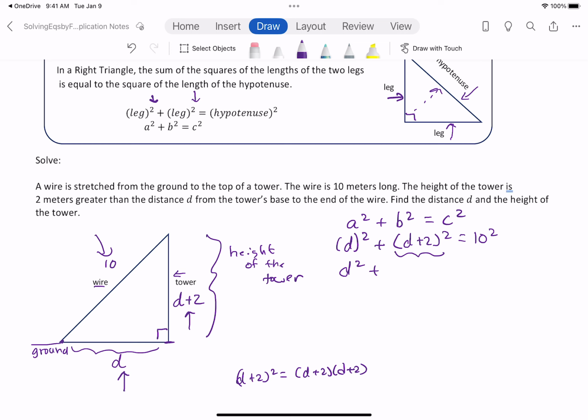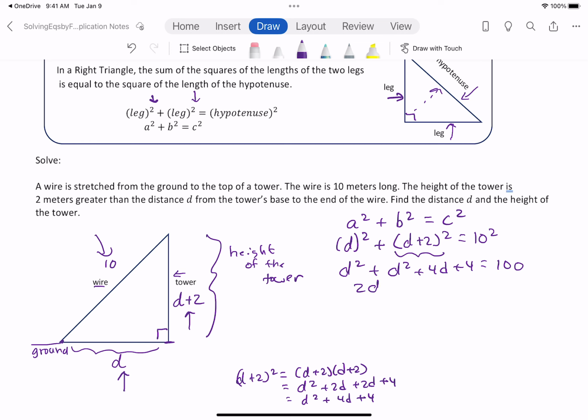So you have to use FOIL, distribution, or the box method, either one. If we FOIL that out, we get d squared plus 2d plus 2d plus 4, which is d squared plus 4d plus 4. So that goes in the place of the (d plus 2) squared. Then 10 squared is 100.